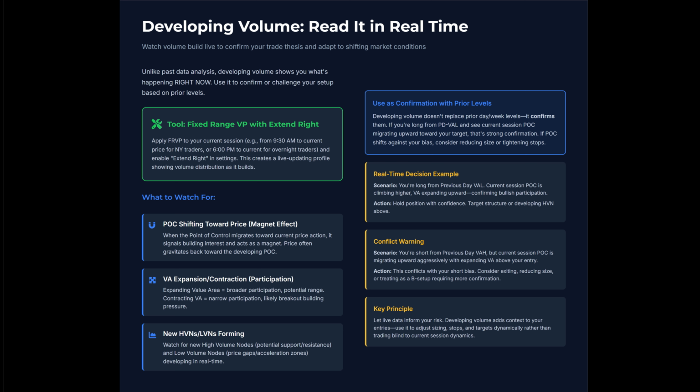Is it symmetric, with both the VAH and VAL expanding outward equally around a centered POC? That's a sign of balance and range-bound conditions. Or is it asymmetric, with only one boundary expanding significantly while the other stays stable? That's a sign of directional bias and trending conditions.